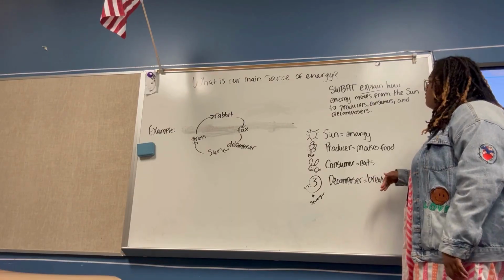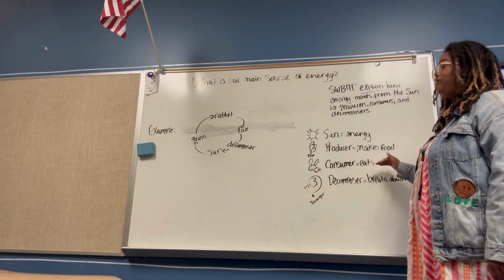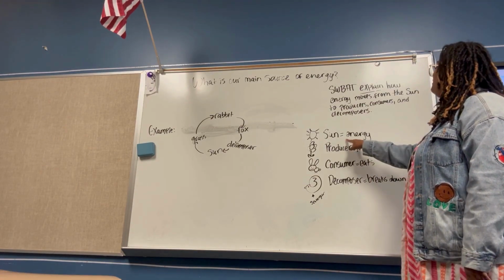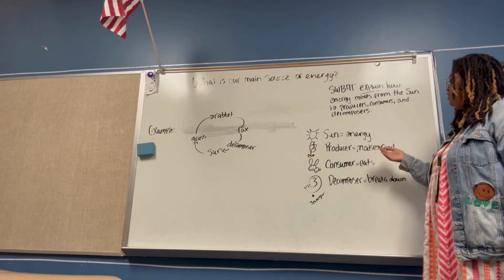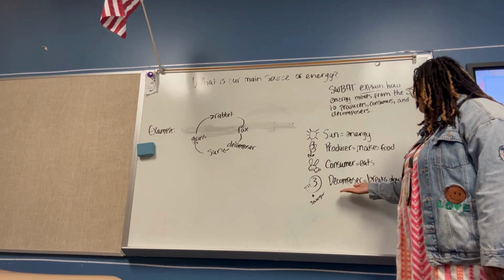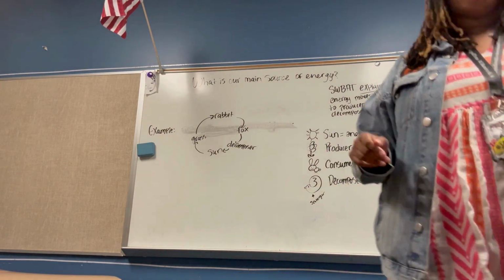So kind of think of everything flowing from the top down in this little pyramid, this little model. The sun, which provides energy, your producer, what makes your food, your consumer, who eats your food, and your decomposer, who breaks down your food. Okay?